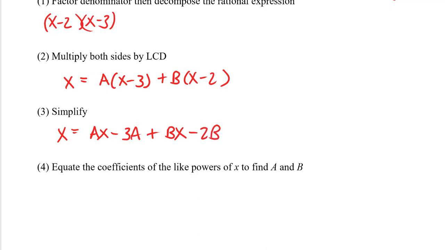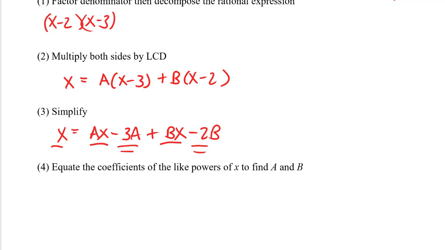Now, in order for the left side to equal the right side, the terms with the same degree have to equal each other. So in order for this to work, x will have to equal ax plus bx. And since there is no constant on the left side, 0 is going to have to equal negative 3a minus 2b.